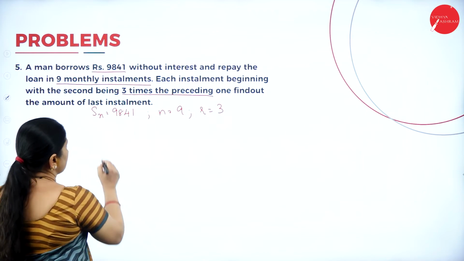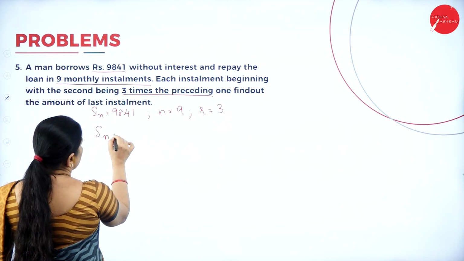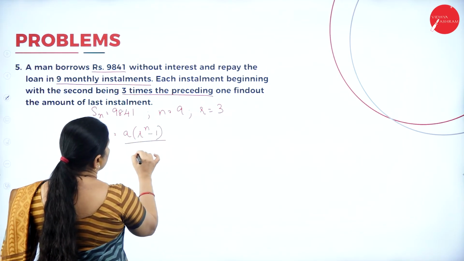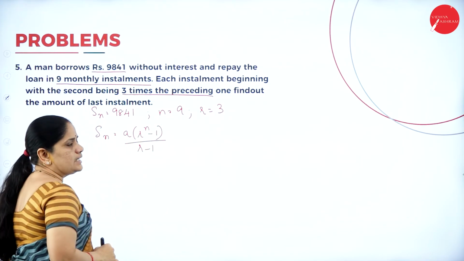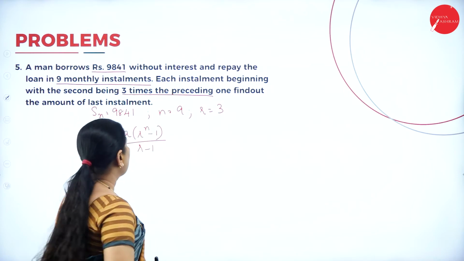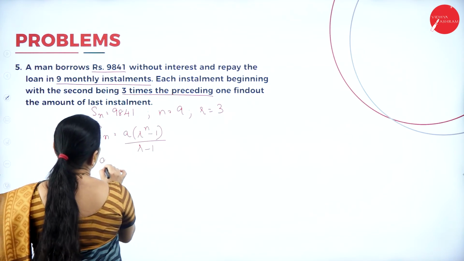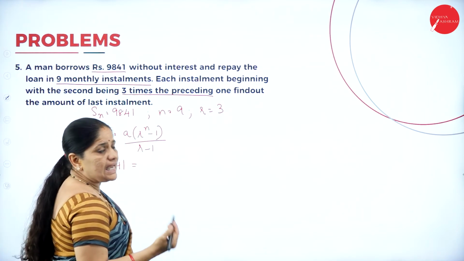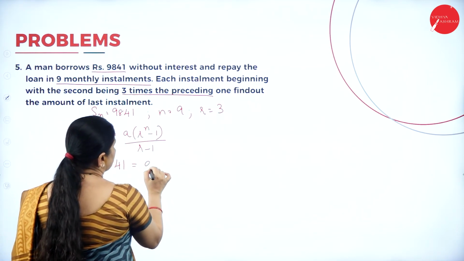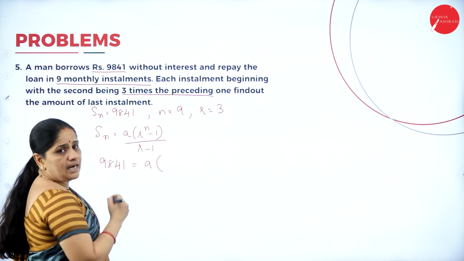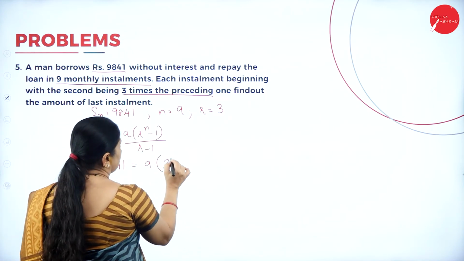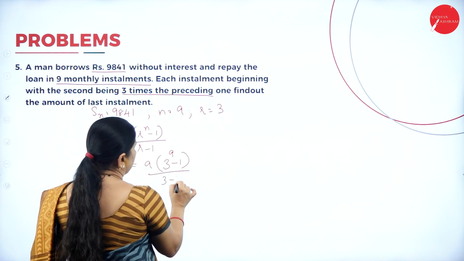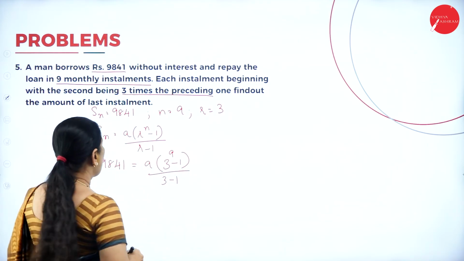So, we will use the formula Sn equals A into R to the power of n minus 1 divided by R minus 1. So, 9,841 equals A I don't know, so I write it as it is, and R I know. So, this is 3 to the power 9 minus 1 divided by 3 minus 1.